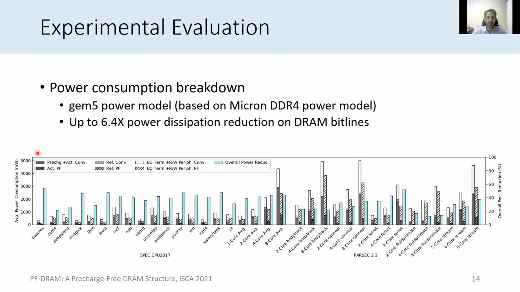The overall power consumption of PF-DRAM over conventional DRAMs depends on the number of writes, row hit rate, bit line flip probability, and background power dissipation of DRAM. However, in general, the power consumption reduction of PF-DRAM over conventional DRAMs improves by increasing the number of parallel workloads executing. But we have power consumption reduction in all of the workloads, as you can see in this figure.